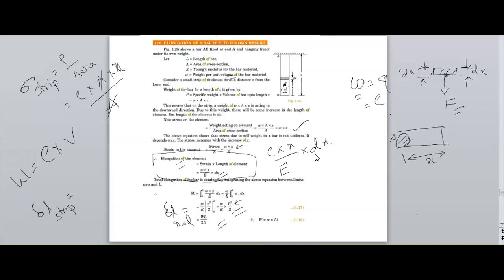So in the last class, we have discussed the elongation in a uniform cross-sectional bar due to its self-weight.